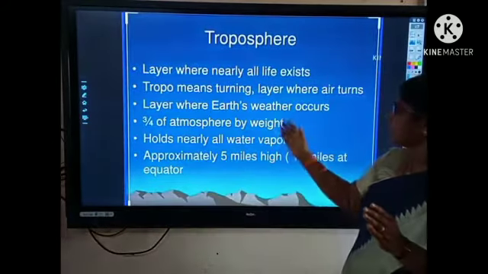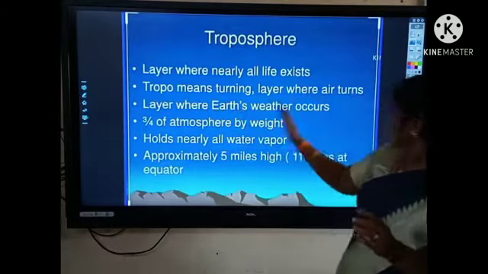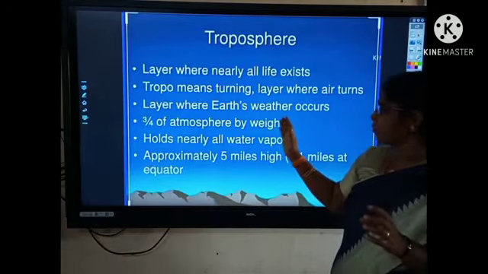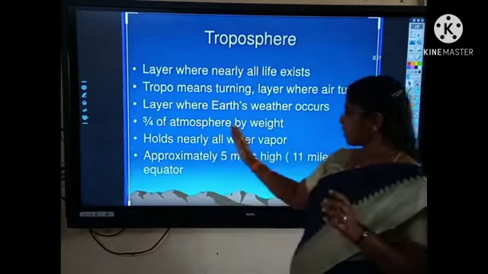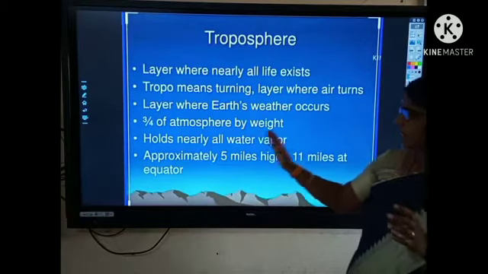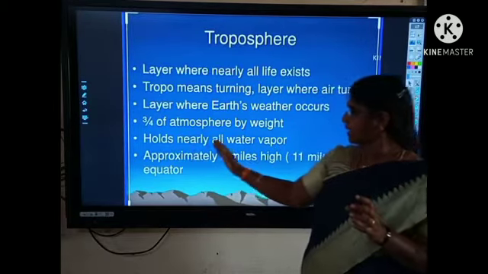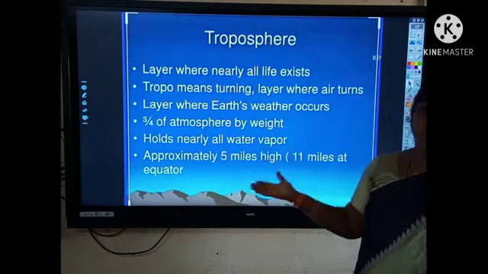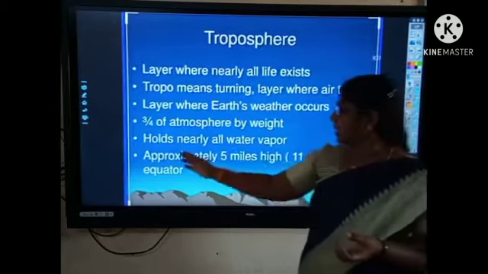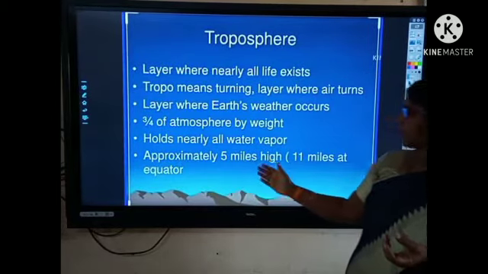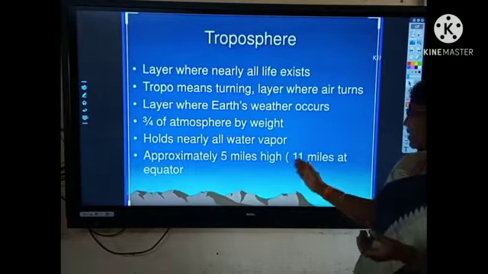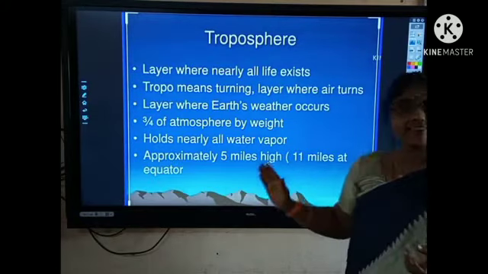So we can observe the weather here. It holds three quarters of the atmosphere by weight and nearly all the water vapor. It is approximately 5 miles high, and 11 miles at the equator.